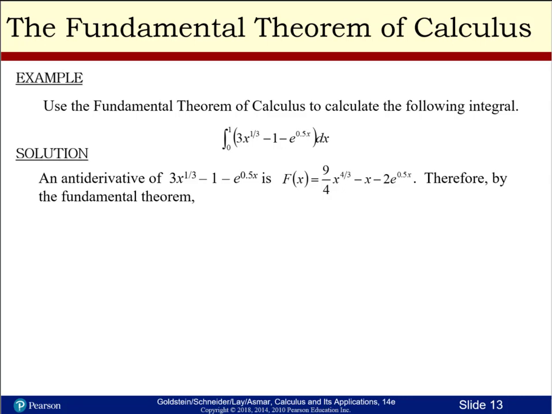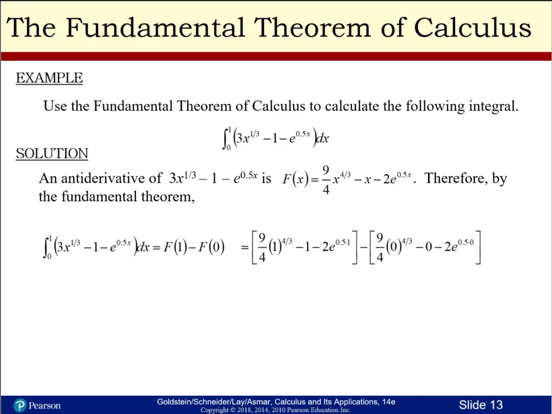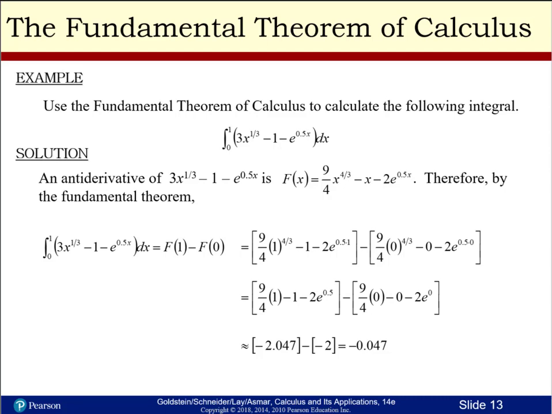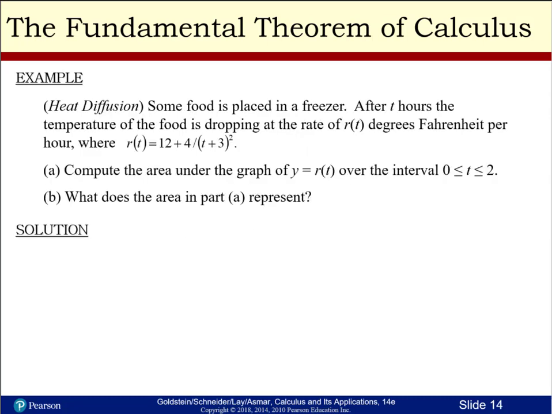Therefore, by the fundamental theorem of calculus, I'm going to just plug in a 1 and 0 to that antiderivative. And there we are, plugging in the 1 and 0. We're going to crunch these numbers, and we're going to end up with negative 0.047. Nice.